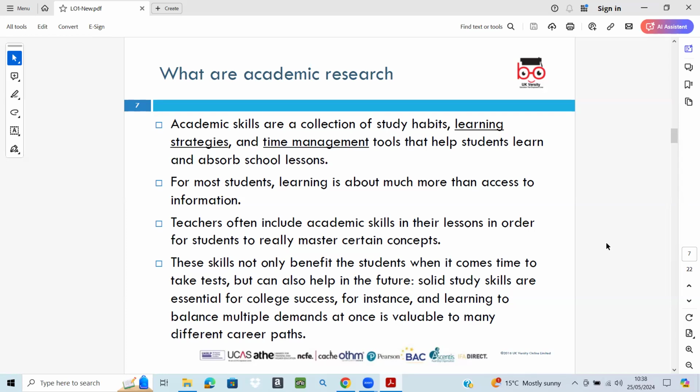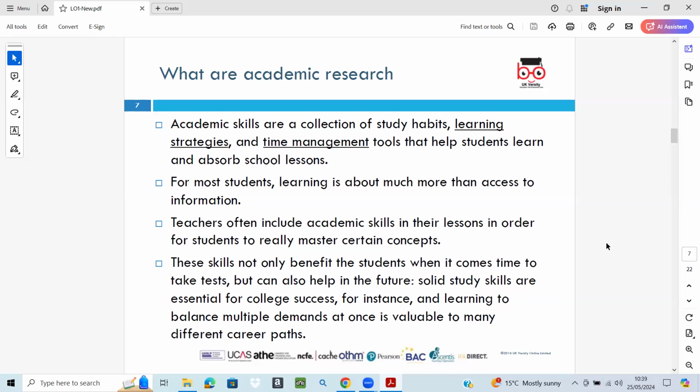For example, we have active learning techniques, note-taking skills, critical thinking skills, and time management tools, and if we integrate these skills in lessons, we have many benefits of academic skills.